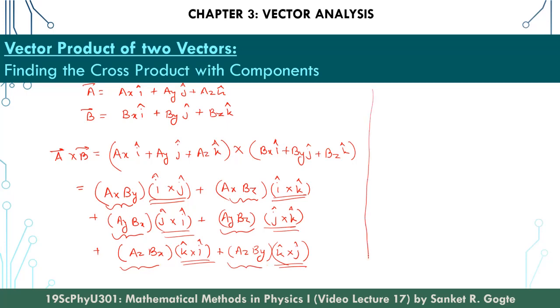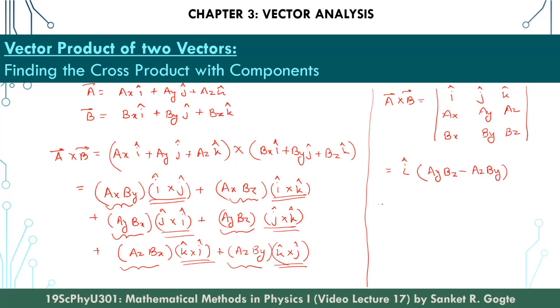After doing this mathematical jugglery, what we will find is this A cross B can be written as this matrix: I j k, ax ay az, bx by bz, and this cross product will be I (ay bz minus az by) minus j (ax bz minus az bx) plus unit vector k (ax by minus ay bx).